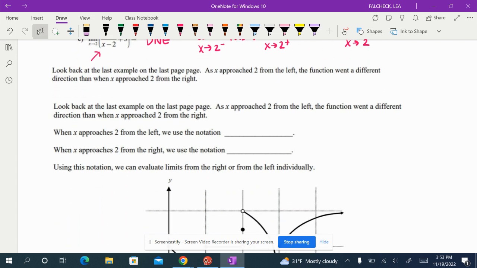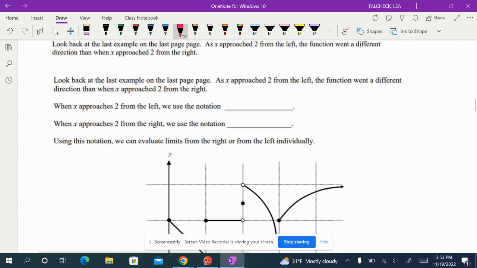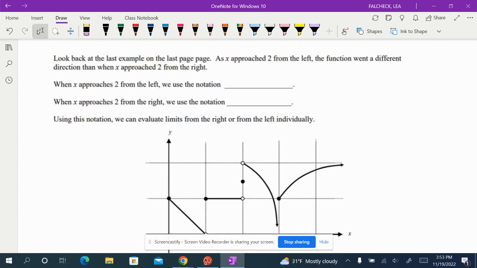So go ahead and pause the video, read this sentence, and we'll meet back here in 2 seconds. Okay. All right, so welcome back. You should have seen that we are trying to look at some notation. When x approaches 2 from the left, we use the notation, the limit as x approaches 2 from the left.